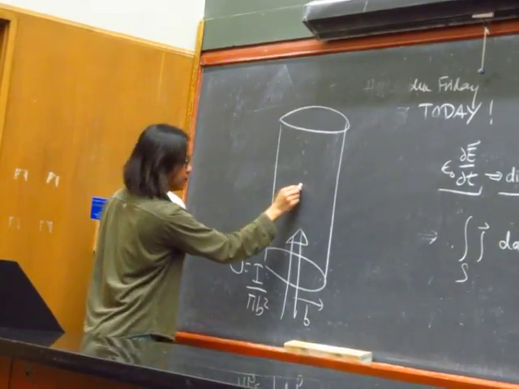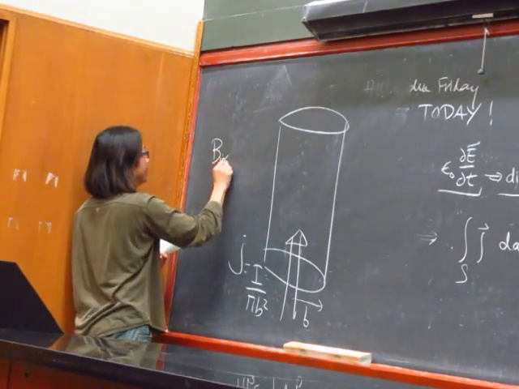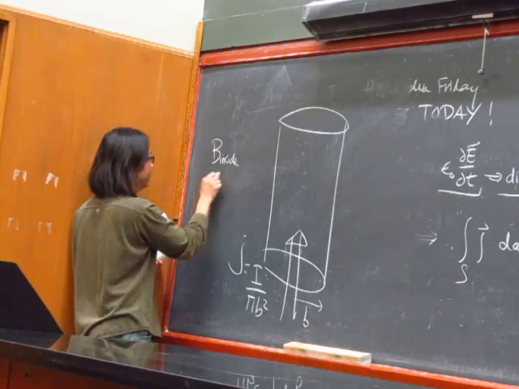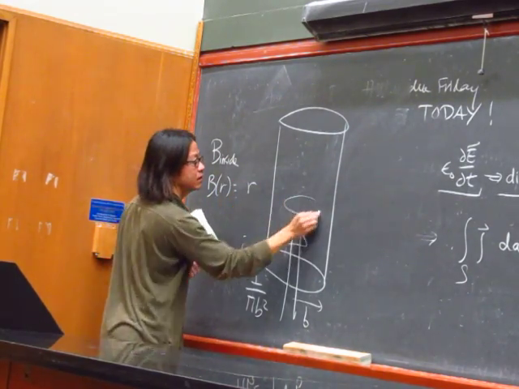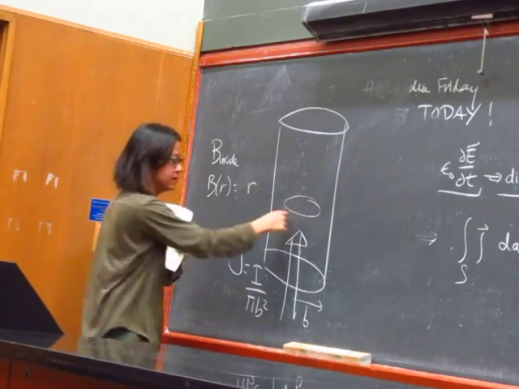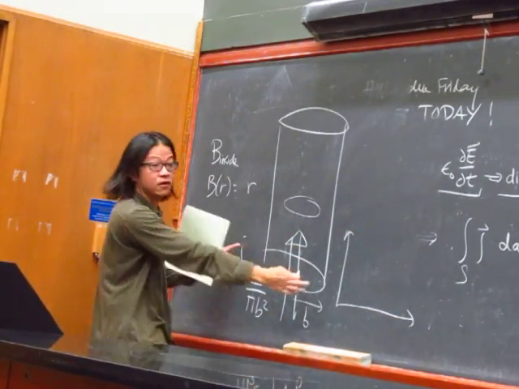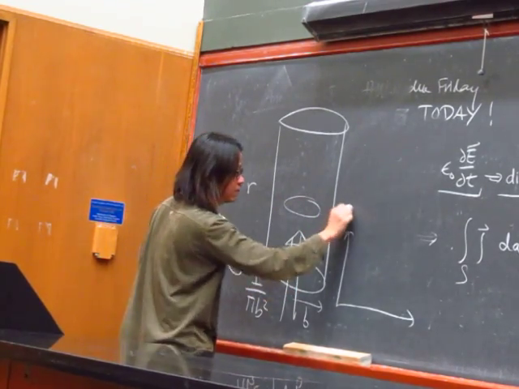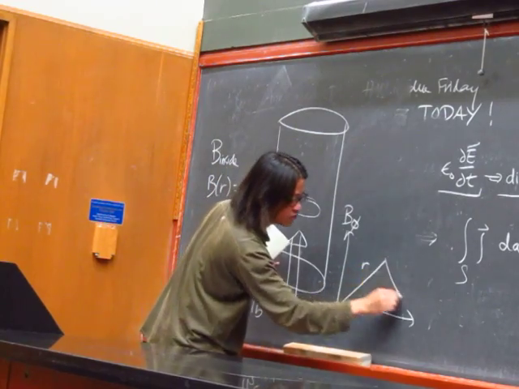Then the magnetic field, if I want to calculate the B field inside, also goes linearly. The B field here for this problem, which has a constant current density, is also tangential, it's linear, and then it drops as 1 over r.